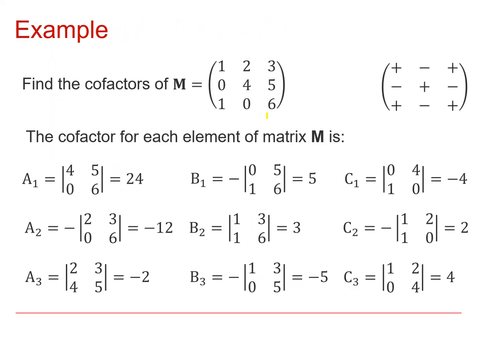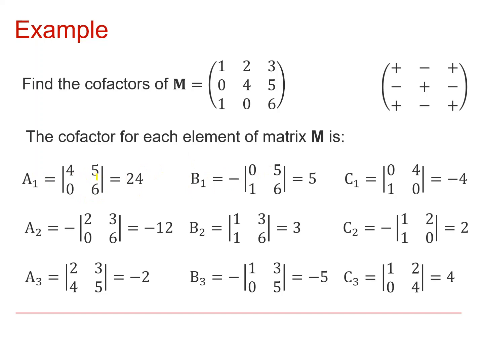So in this worked example, you'll see we're trying to find the cofactors of this matrix. And what we're doing is finding the cofactors of every element in the matrix. So I get 9 cofactors, and they are A1 to 3, B1 to 3, and C1 to 3. Notice the capital letters because they're cofactors, and they've had the signs applied to them.